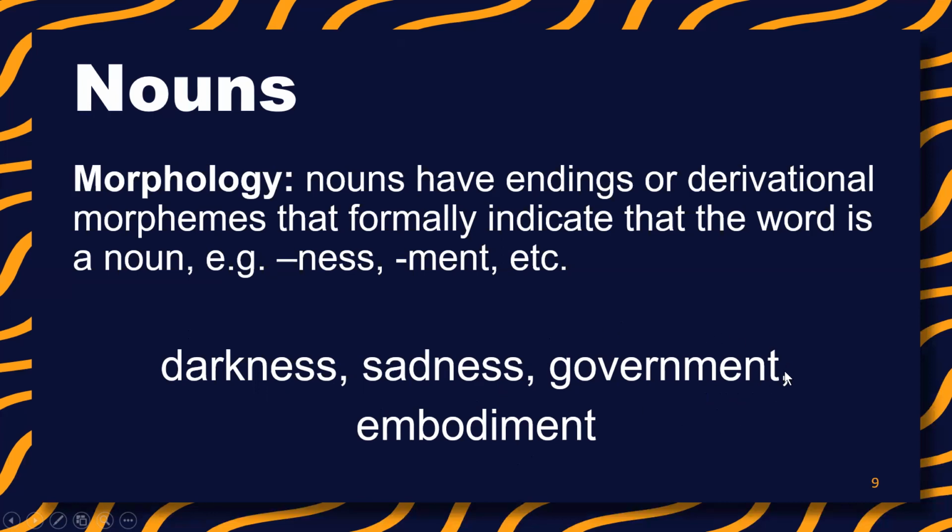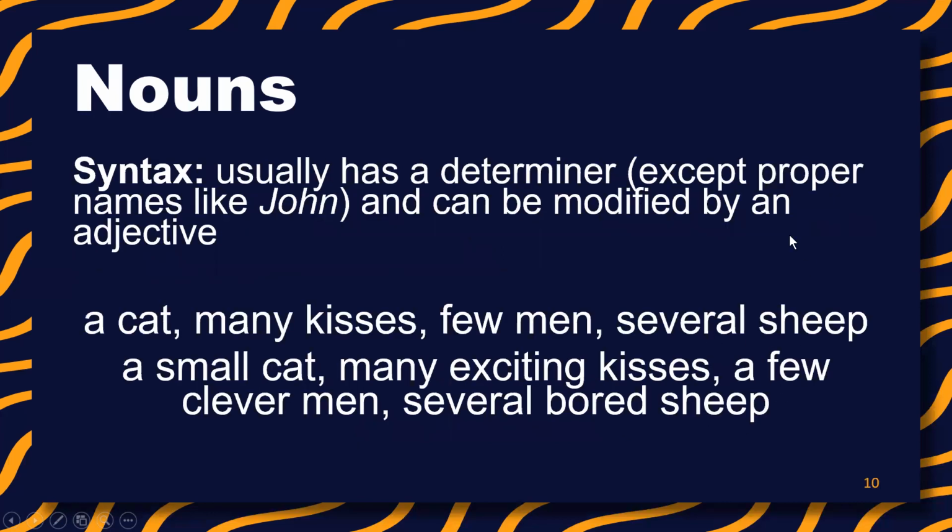In terms of syntax, nouns usually have a determiner, except for proper names like John. Your determiners, as we have also discussed in the last lesson on word order and adjectives, are a, an, the, and other determiners under that, such as numbers, few, several, one, many, and so on and so forth.